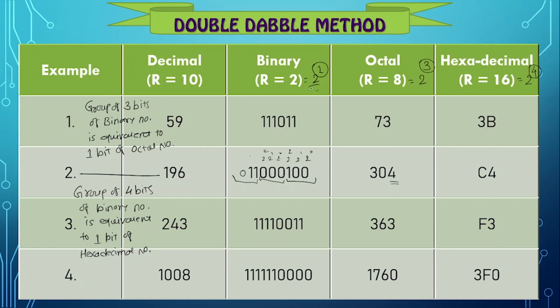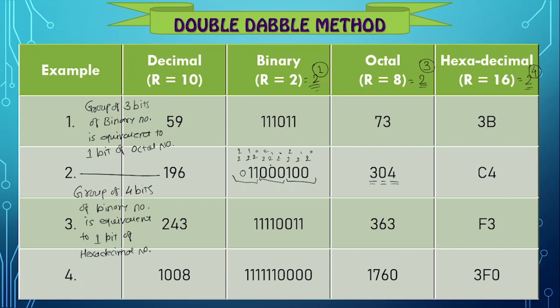We have taken the base common as 2, which is the radix of binary, that is why 2 raised to 0, 1 and 2. Then we have 0 and 011: 2 raised to 0, 1 multiplied by 1 is 1, 2 raised to 1, 2 multiplied by 1 is 2, 2 raised to 2, 4 multiplied by 0 is 0. So 2 plus 1 will be 3.